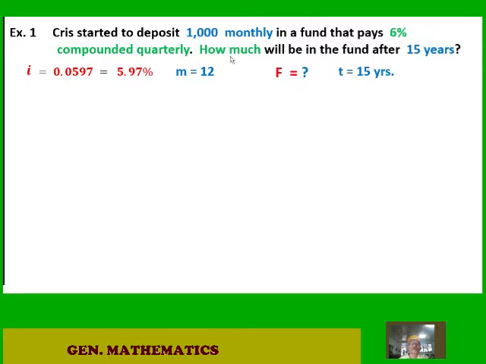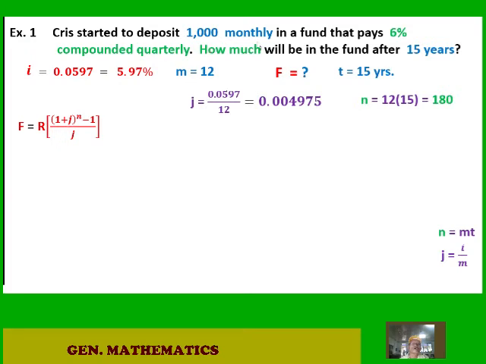Okay, it is asking for how much, so the future value F. So let us solve for j and n. So j is i over m. i this time is this value. m is 12. n is m times t. m is 12. t is 15 years. So the formula for the compound amount, or rather the future value, substitute R, the monthly payment, 1,000. j is this value. n is 180.